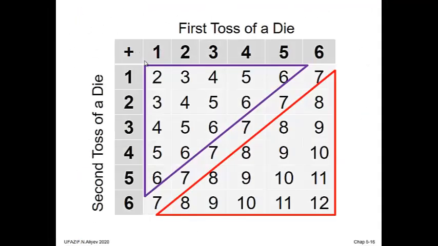The sum satisfies the condition when it is 7, just these possibilities. How many possibilities do we have? 1, 2, 3, 4, 5, 6. That's why the probability of winning the third bet is 6 over 36. Then automatically the probability of losing is 30 over 36.